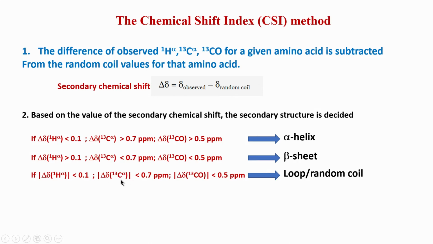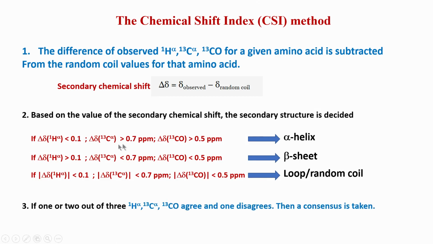That means the C alpha value is neither greater than 0.7 nor less than minus 0.7, so it is between minus 0.7 and plus 0.7, and CO is between minus 0.5 and plus 0.5, that particular amino acid will be categorized as belonging to a loop region or random coil. So, these are the criteria which the CSI method uses to find out the secondary structure. We will see some examples now. Now, what happens if all the 3 do not satisfy that condition? Let us say, for example, in some case H alpha and C alpha agree, but CO disagrees.